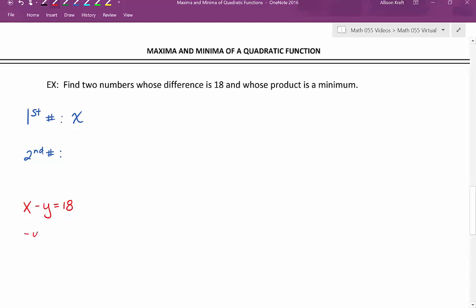I'll subtract x over and then divide everything by -1. That's going to give me y equals negative 18 plus x. I prefer to write that x minus 18. So that expression, x minus 18, is going to be my second number.